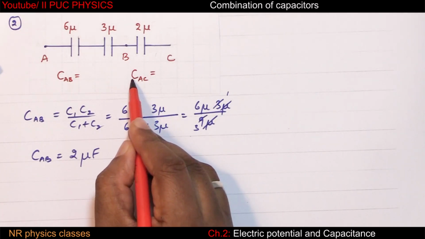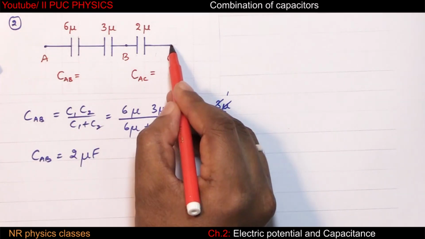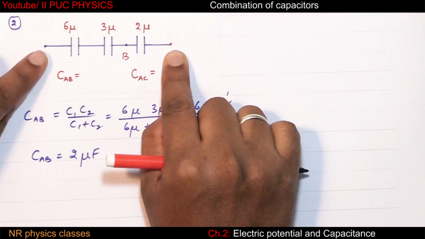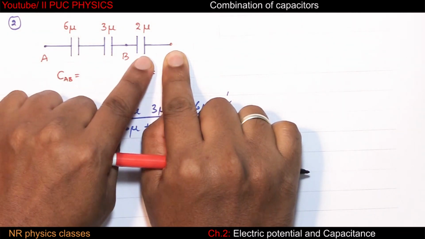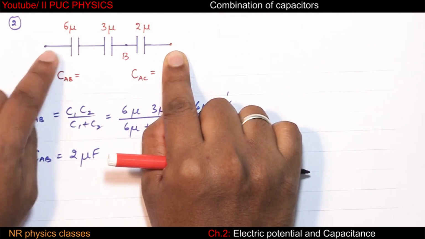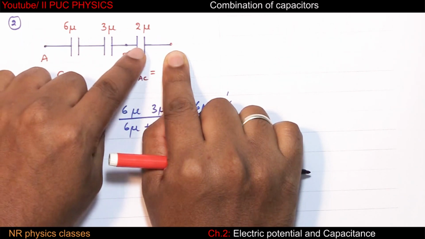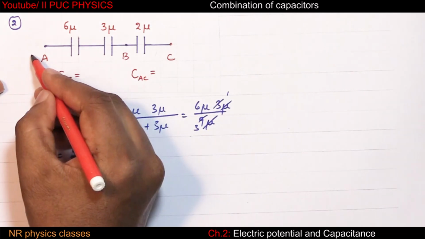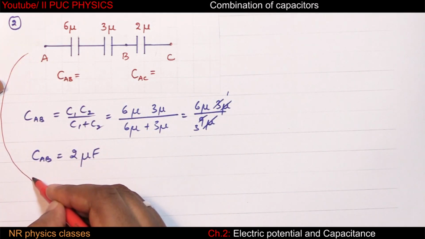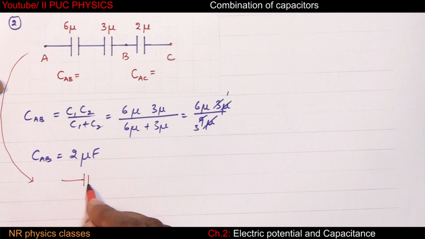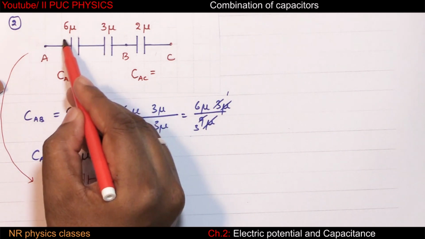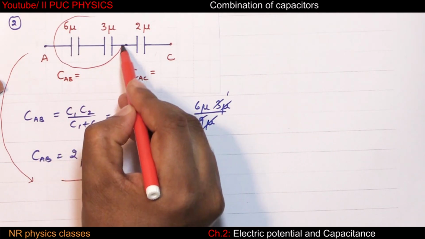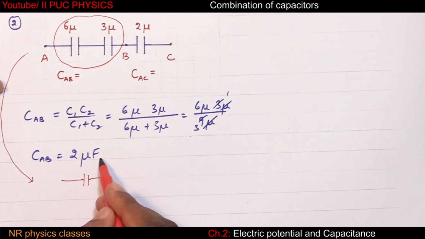Now let us find CAC across A and C. Across A and C, there are 3 capacitors in series. Anyway, this is found out, right? So equivalent of these two, we have 2 microfarad.